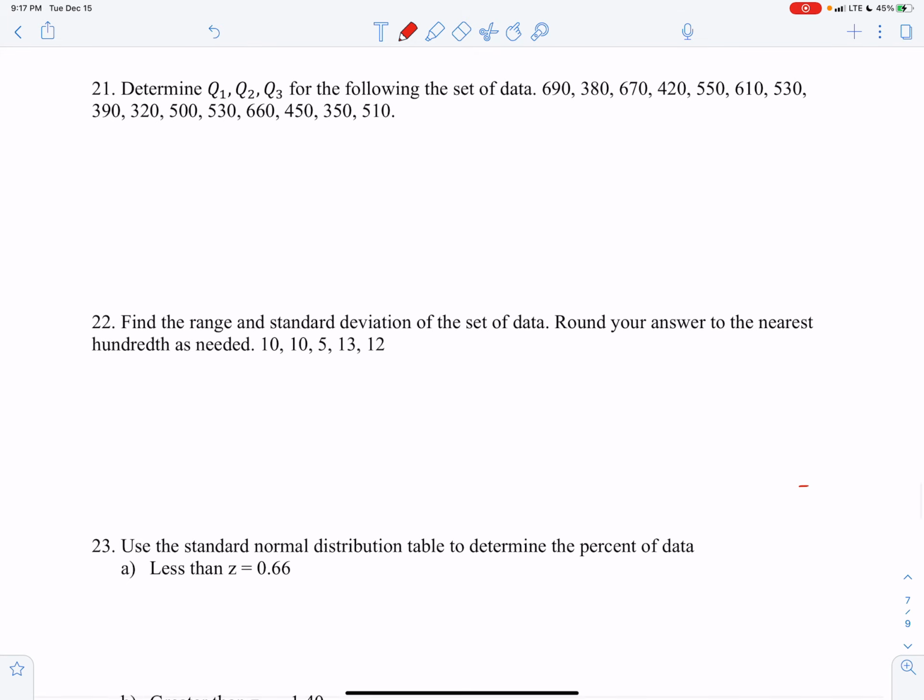For 21, we want to determine quartile 1, quartile 2, quartile 3 for the following set of data.